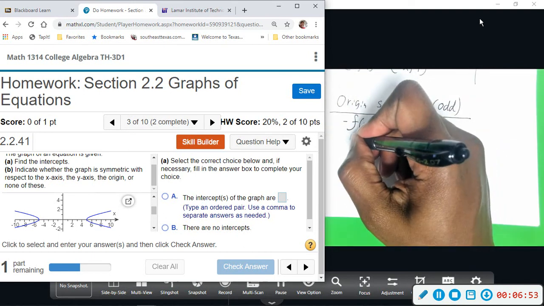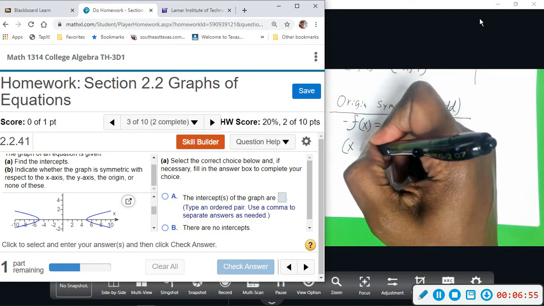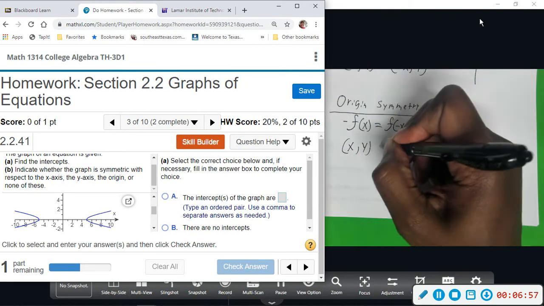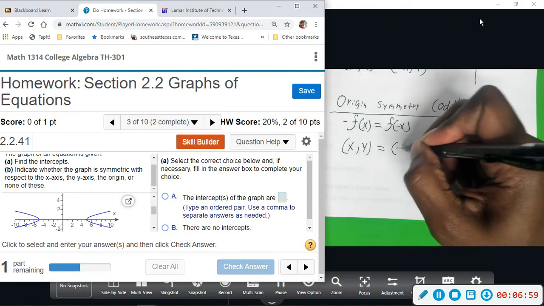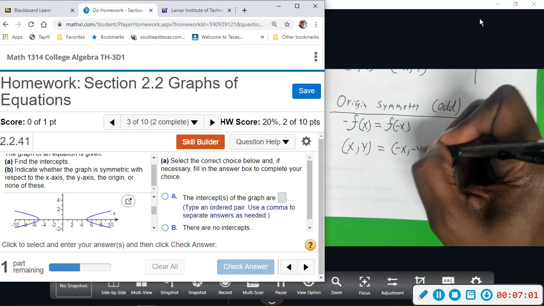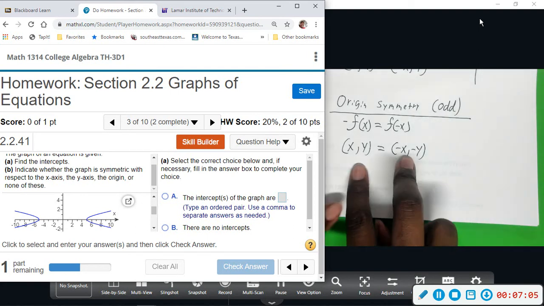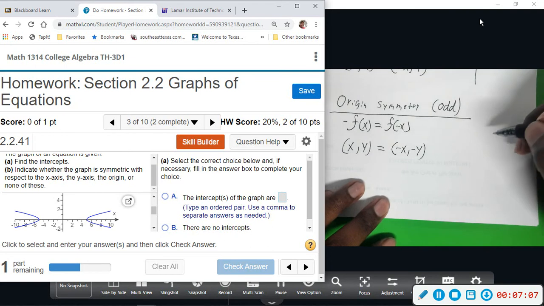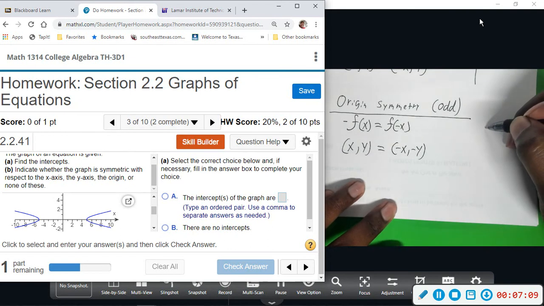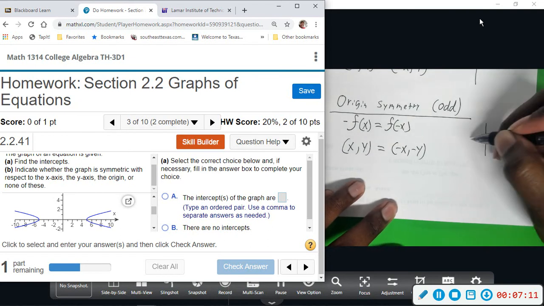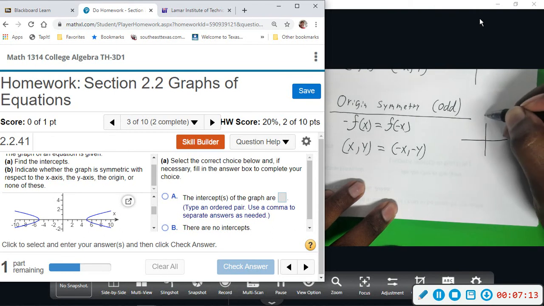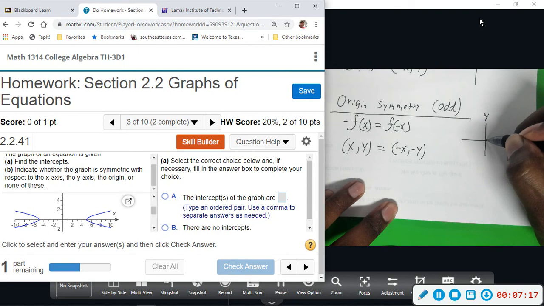In ordered pairs, we have x, y, which would be equal to negative x, negative y, as if you took both of them and changed them. For origin symmetry, let's just use the graph y equals x. I can use x cubed.